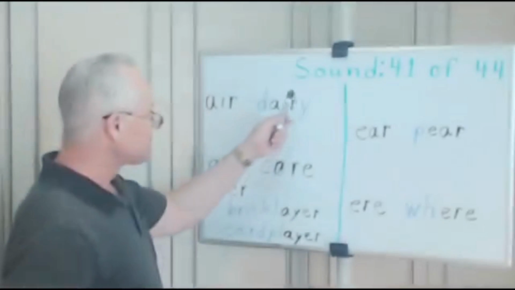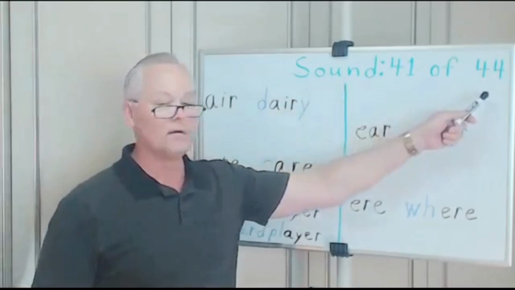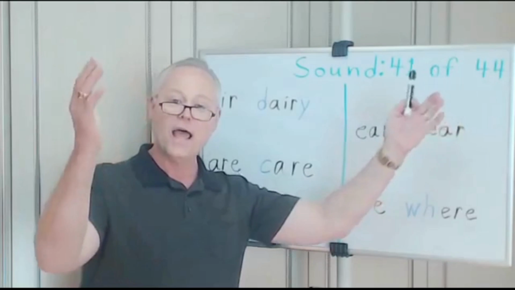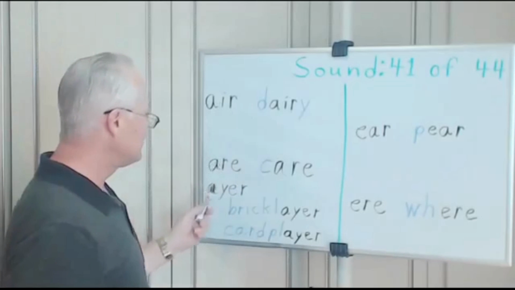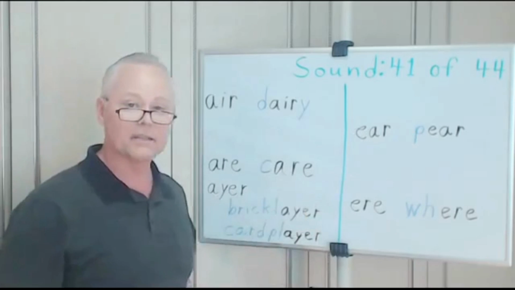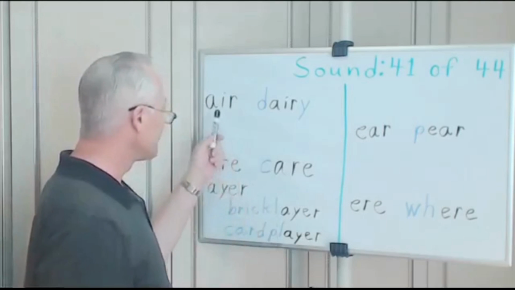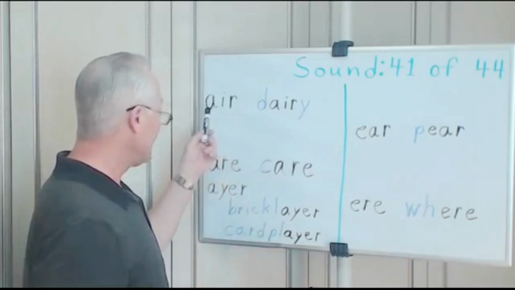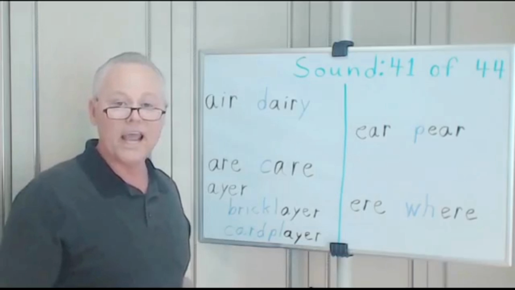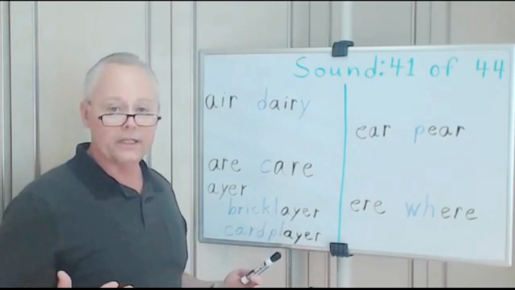And sound 41 of the 44 sounds that make up American English. 1, 2, 3, 4, 5 letter combinations for the sound air. A-I-R, air. We breathe air.